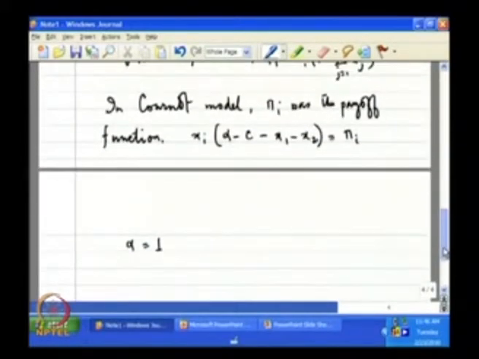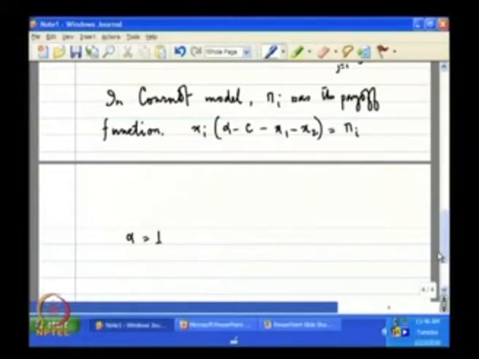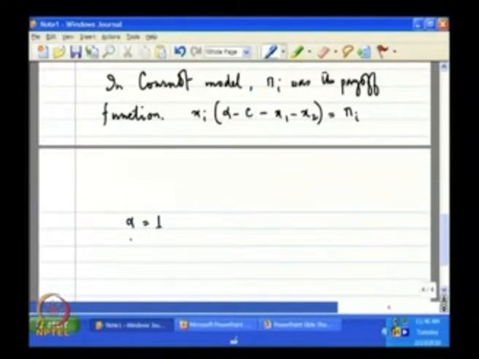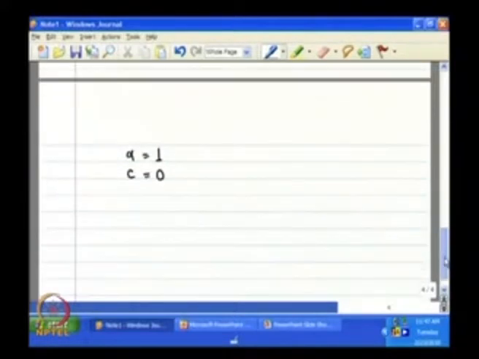Secondly, the cost of each firm in the Cournot model was c, per unit cost. Here I see that there is no such component. So, which means that c in the new setting is essentially equal to 0, comparing this with the Cournot model. So, these are the two parallels that we have between the Cournot model and our present model.